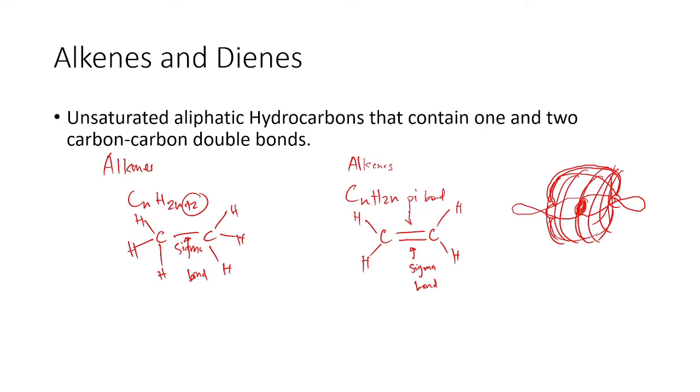For the cyclic analogs, for cycloalkanes, we have the chemical formula CnH2n, and for the cycloalkenes, we have the formula CnH2n minus 2. So where did those two hydrogens go again?